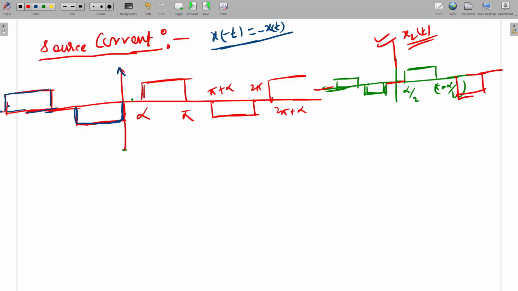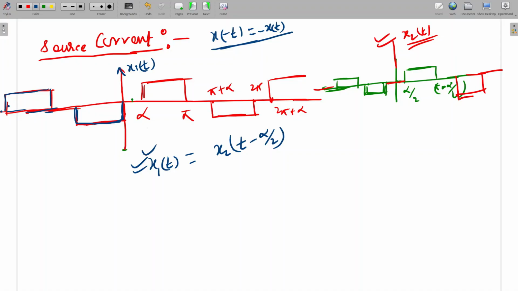Last class also I have done the same thing for the full bridge converter. So we can say that this is x1 of t, and x1 of t we can write as x2 of t minus alpha by 2. Is it clear?